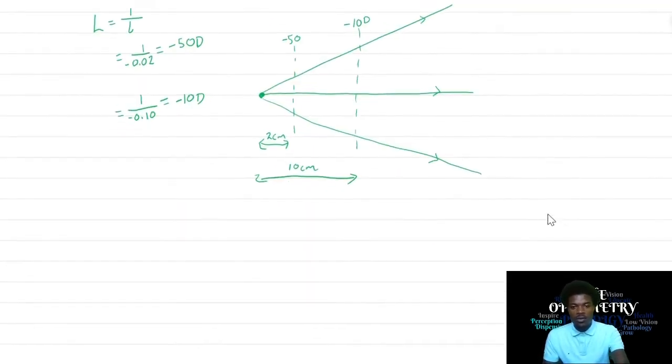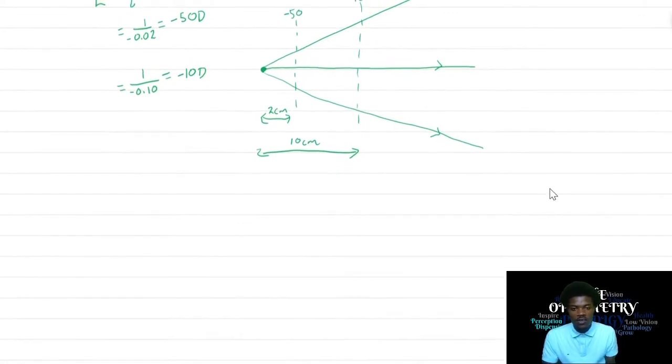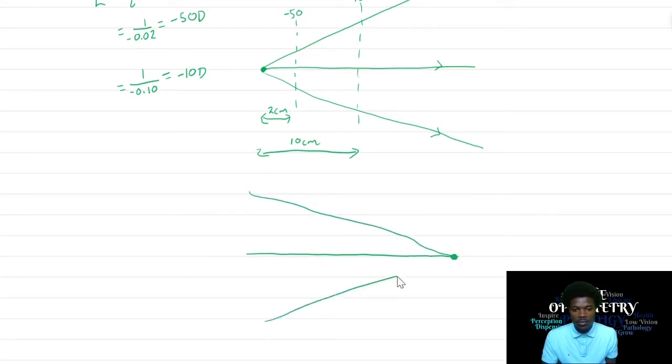However, what about convergence? So again, we have a point source. We have light coming into that point source. And using the same formula again, vergence is equal to 1 over the distance.